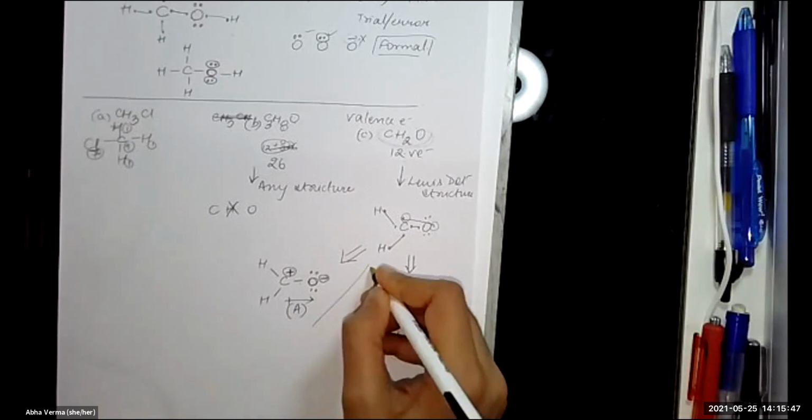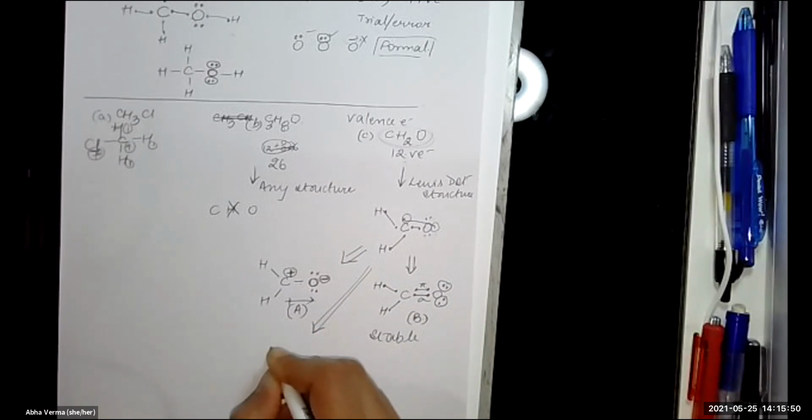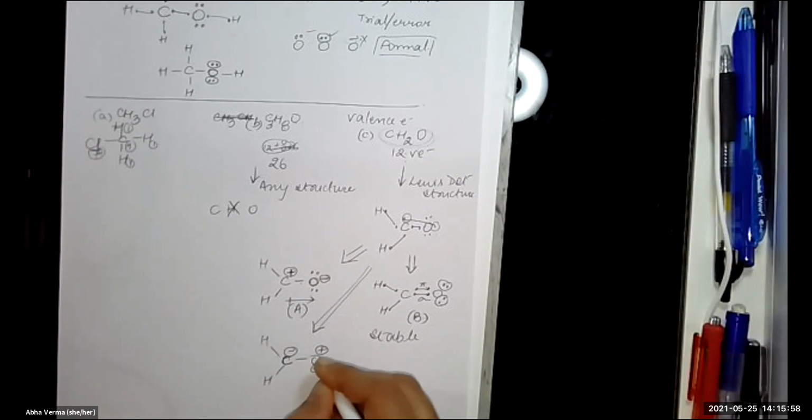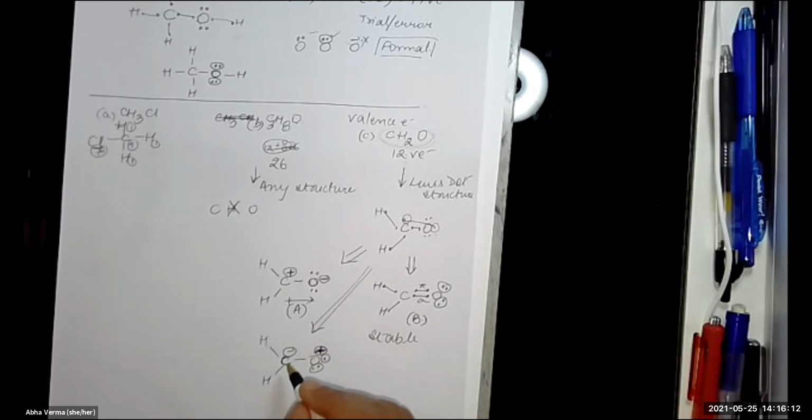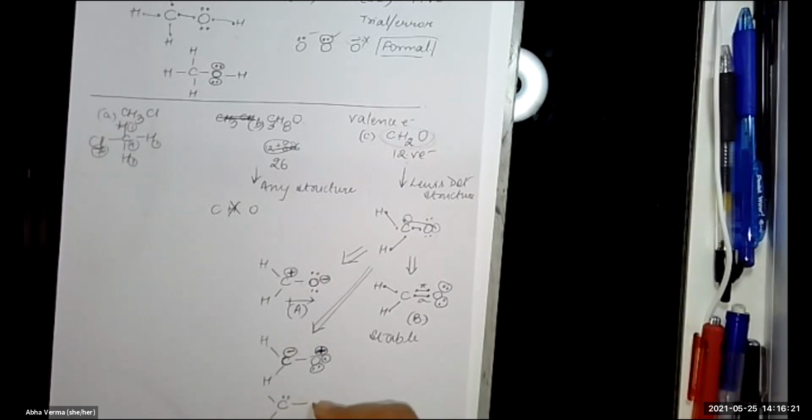What about if I had, by chance, given the carbon a negative and oxygen a positive? Did you see what I made here? One of the electrons is lost. Whenever you have a positive charge, electrons have been lost. But what about this carbon? It means that I have a negative charge, or 5 valence electrons on carbon.